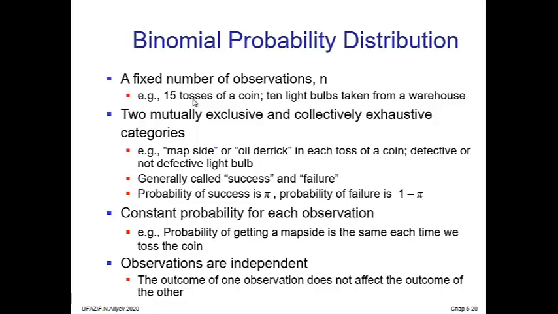It's impossible, okay, because they are not related to each other. And for light bulbs, you can say the same thing. If the first light bulb is defective, it cannot affect the probability of the second light bulb being defective or not, okay? So if you have all these conditions true, then you may apply the binomial distribution.